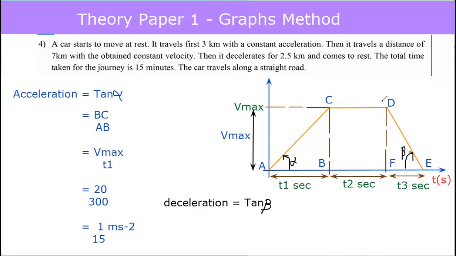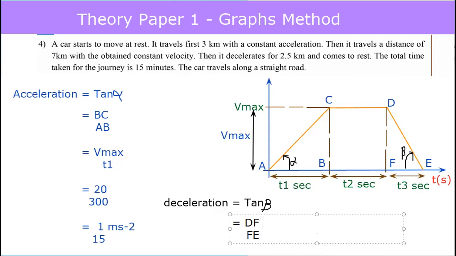Tan beta means, from the DEF triangle, opposite side divided by adjacent side. Opposite side is DF, divided by adjacent side FE.